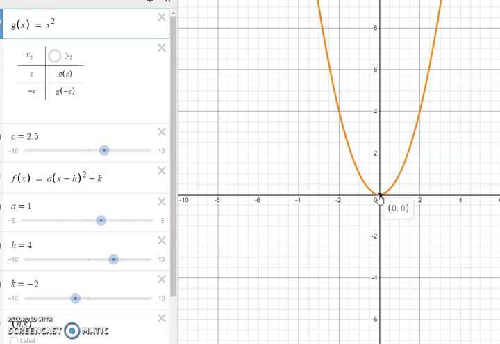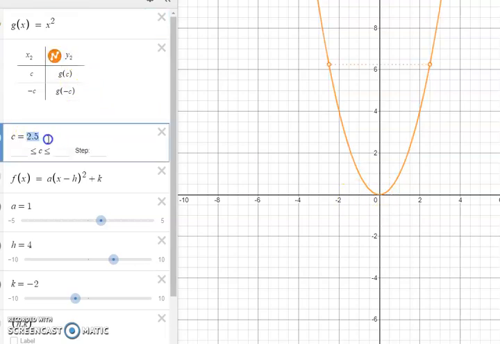Now let's think about what happens when you have a number or the negative of that number, and we can demonstrate that here. C is currently set to 2.5. Let's switch it down to 1 where it's easier to see. 1 squared gives me 1.